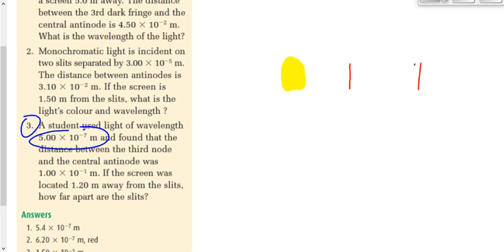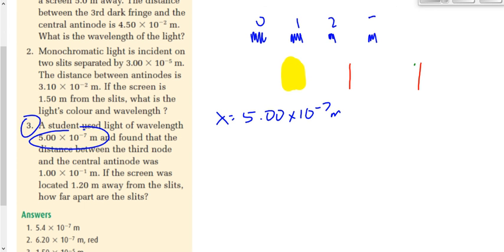We know the wavelength of the light is 5.00 times 10 to the minus 7 meters. We know the distance between the third node and the central antinode: central antinode, first, second, third antinode, fourth antinode. Between the central antinode and the third node, 1, 2, third node, n is going to be equal to 2.5.